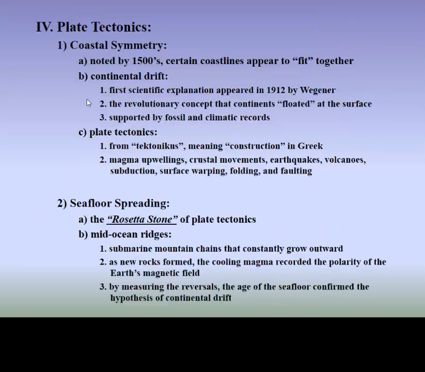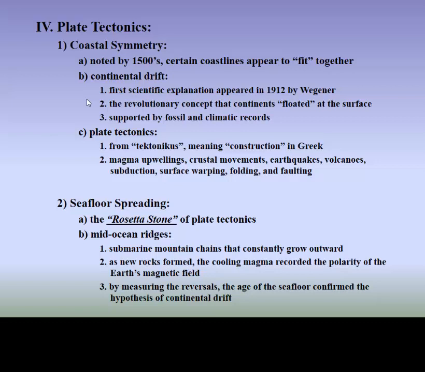So you can see some of these here. So we have plate tectonics. One of the things that people started to notice was that the coasts of Africa and South America kind of looked like puzzle pieces. It was noted in about the 1500s when we started making these large, small-scale maps of the Earth.